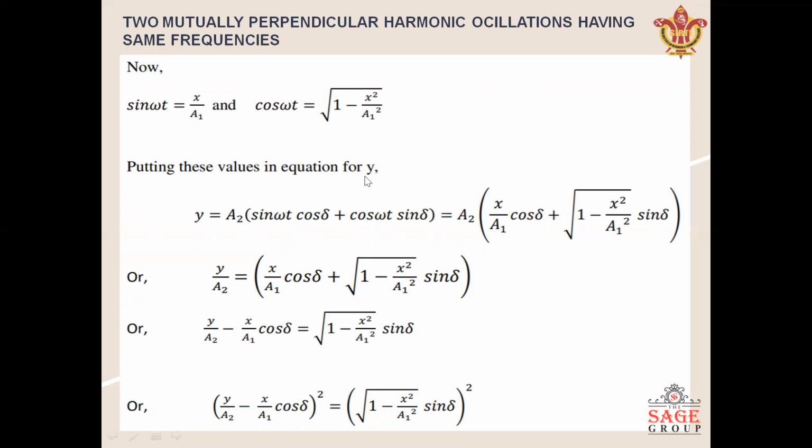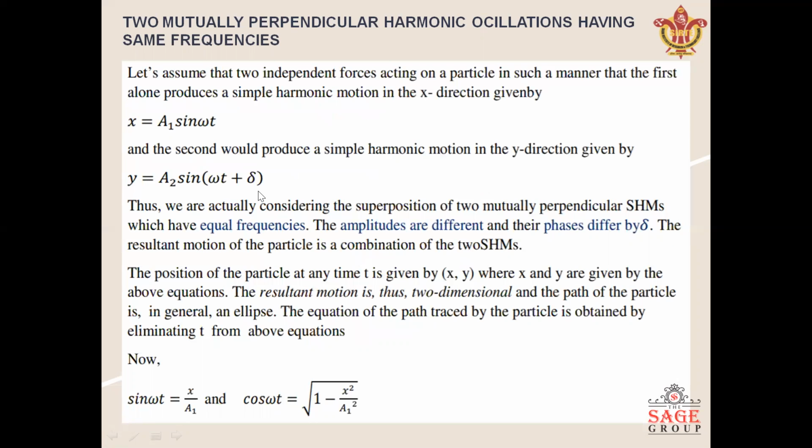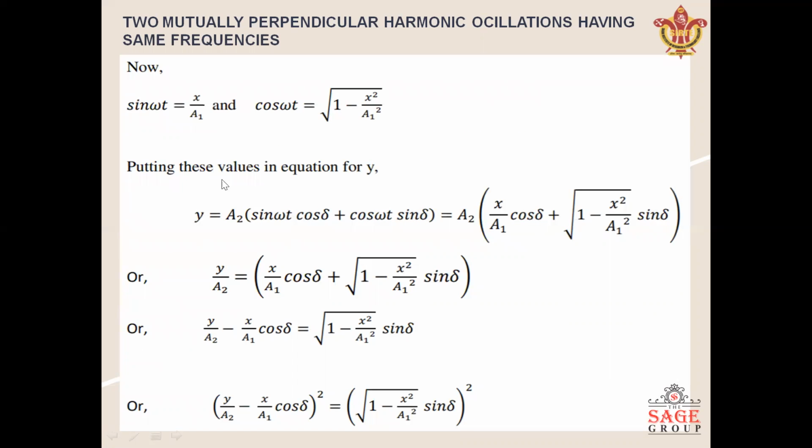Now putting these values in the equation for y, we will get another equation. So putting the values of sine omega t and cos omega t in the equation for y, y is equal to a2 into sine omega t into cos delta.